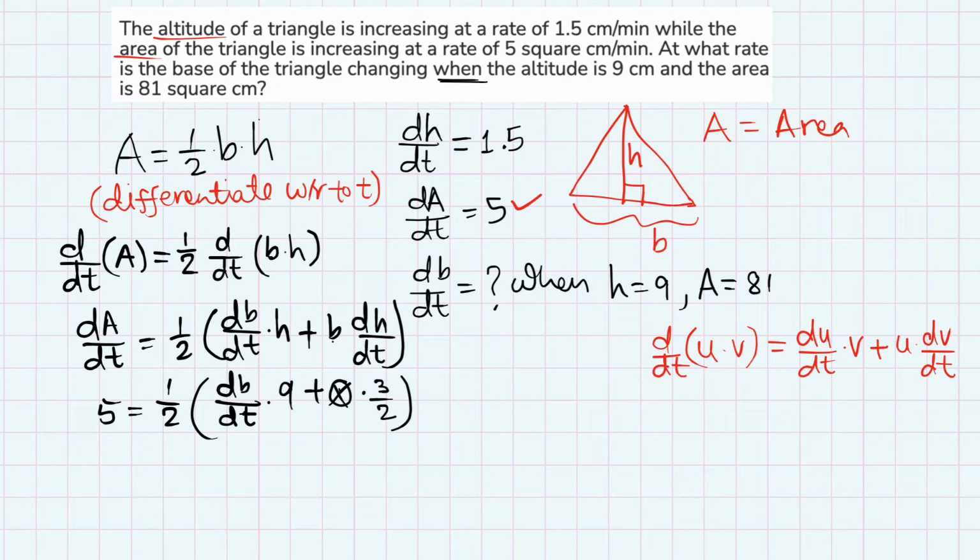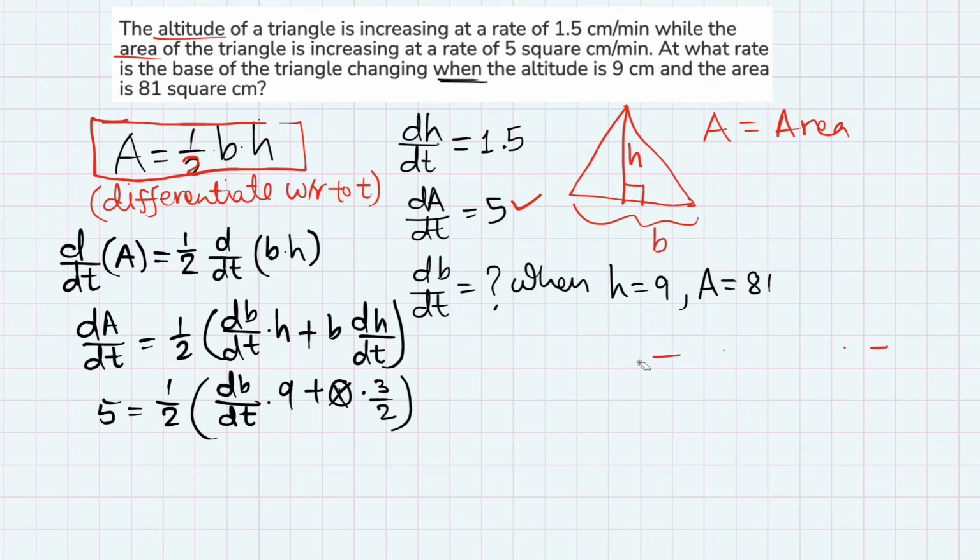To determine this b, we need to use the relationship that we wrote at the beginning, the relationship among the variables. A equals 1/2 base times height. Let's do that on the side. When A is 81, half times b, that's what we are trying to determine, h is 9, altitude or height 9.